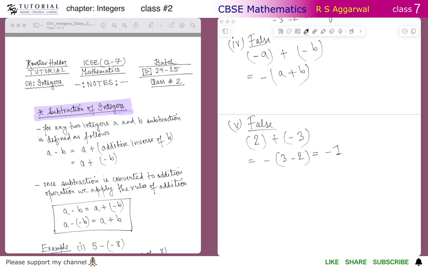Let me quickly bring up the homework problems. So this is the homework problems, this is a PDF. I will provide the link to the PDF in the description below.